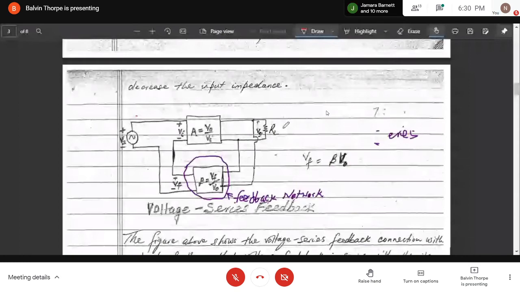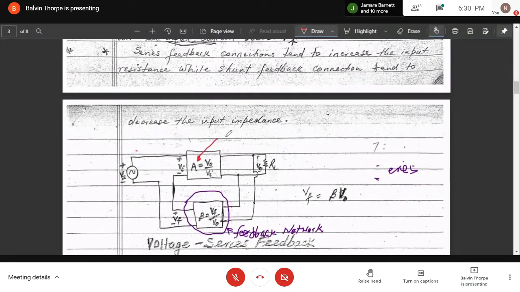We know that just looking at this network, we know what the gain of the amplifier is. So this is the gain of the amplifier, V over VI.